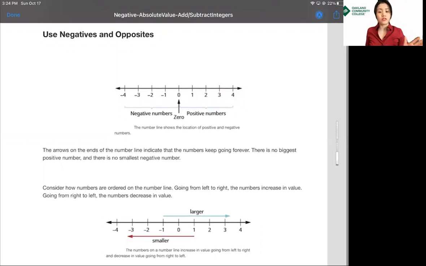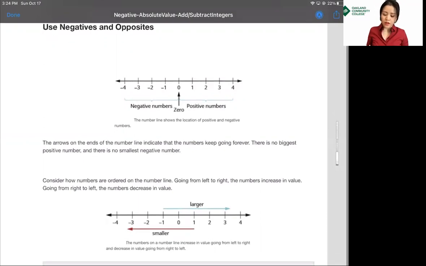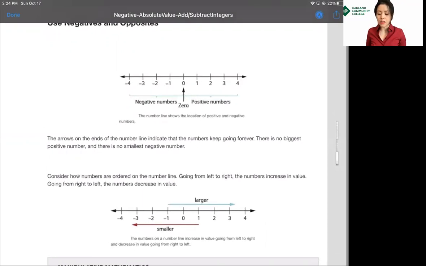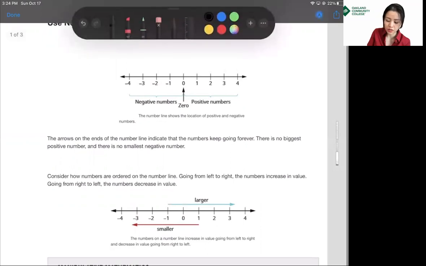all the numbers on the left of 0 are the set of negative numbers, and all the numbers on the right of 0 are the set of positive numbers. Now, the arrows on the ends of the number line indicate that the numbers keep going on forever. If you read some textbooks, you will see notation like this.